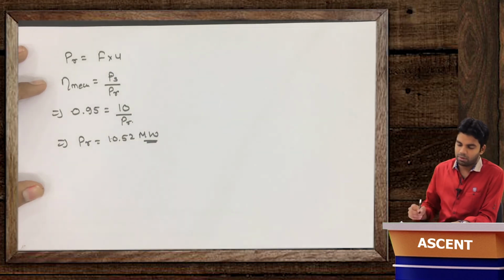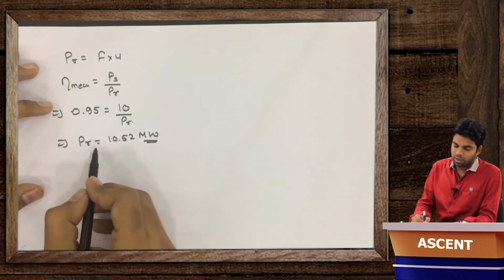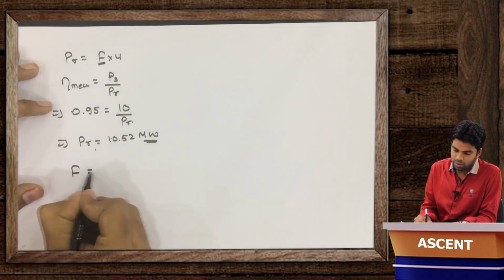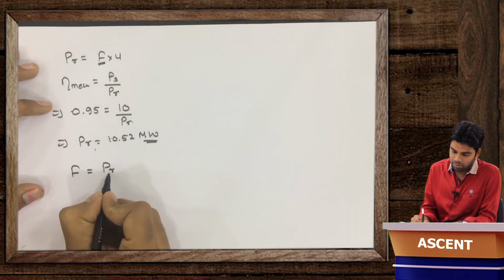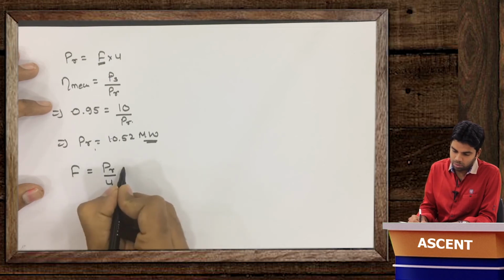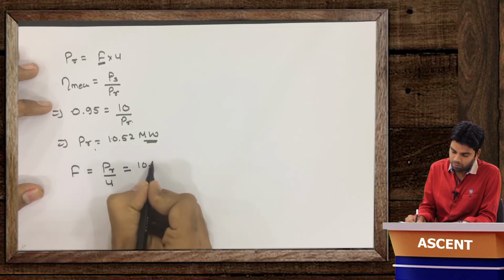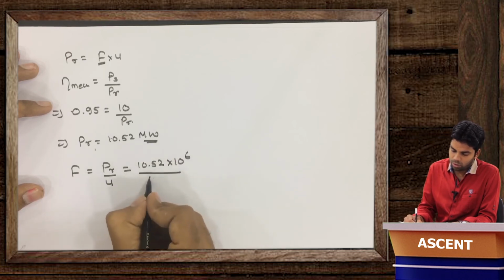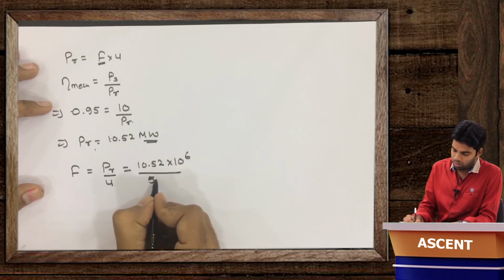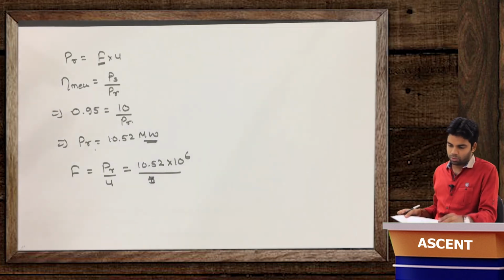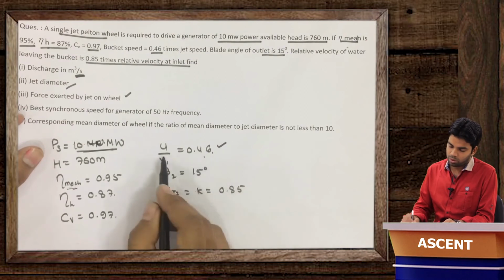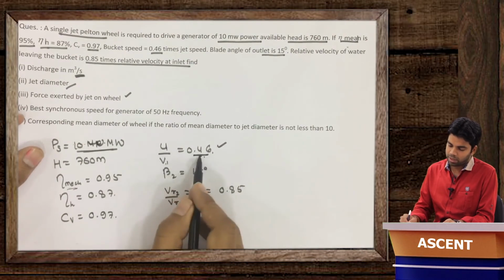Once you have the value of runner power, you can determine the force. This force F will be equal to runner power divided by U. Just put the value: 10.52 megawatt, into 10 raised to power 6, divided by U. Now how can you determine the value of U? U by V1 is given as 0.46, so in order to determine U, multiply this by V1.